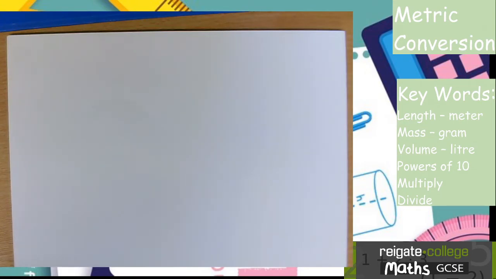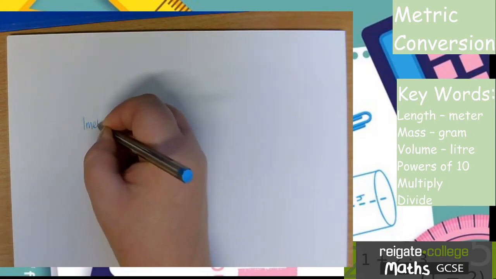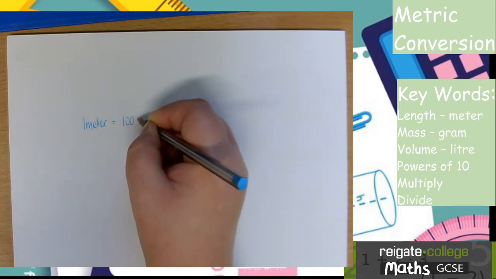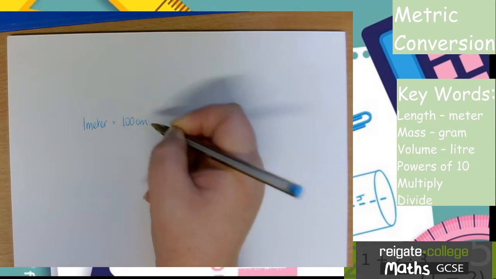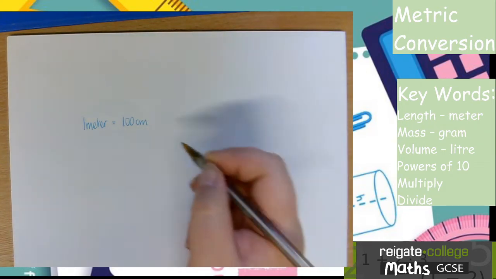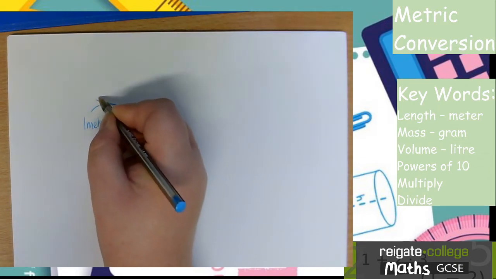To demonstrate how we convert between measures, I'm first going to look at distance. There are 100 centimetres in 1 metre. If I were to convert my measures in metres to centimetres, I would multiply by 100.